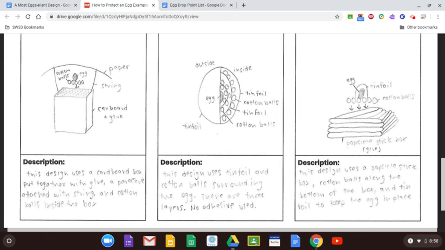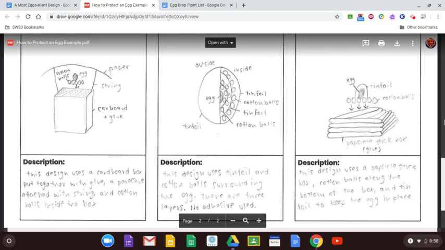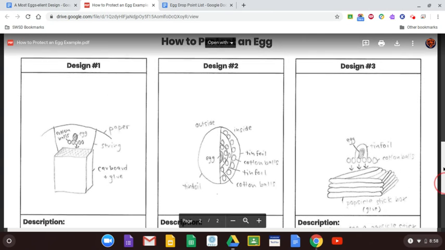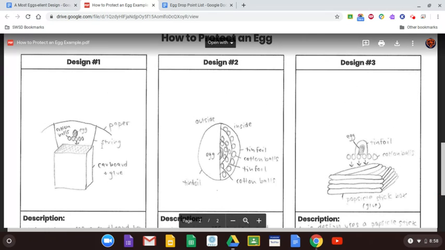You're giving a reason. So for example, if I take a look at my design number 1, a strength that I find here is the construction of the box. I think that's going to be helpful. So the cardboard box. And I think the cotton balls will also provide some cushion.